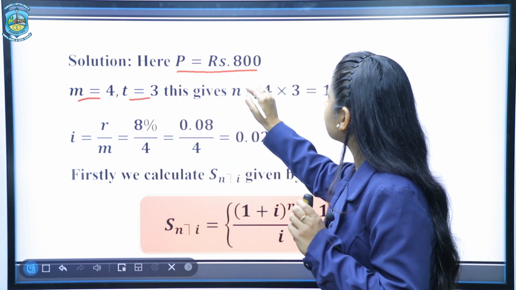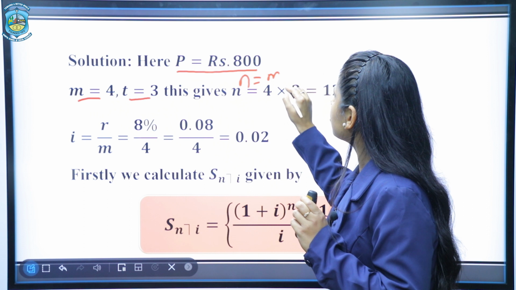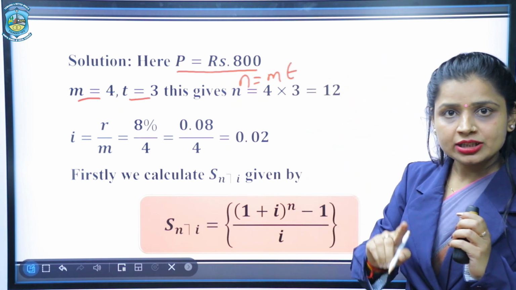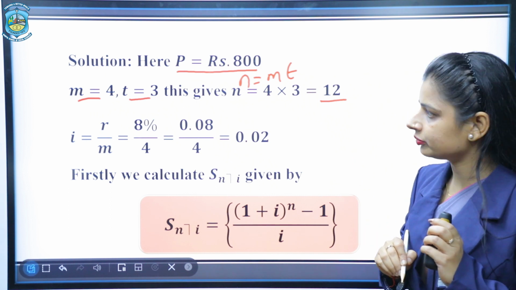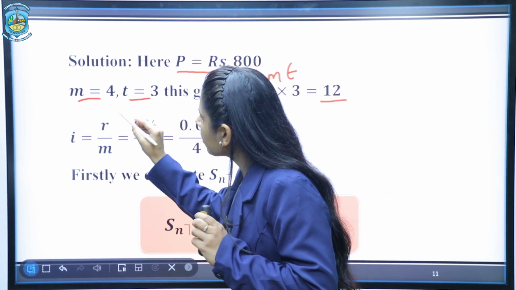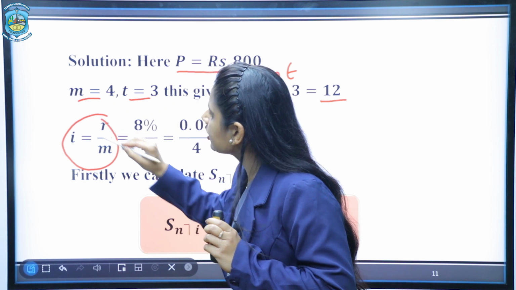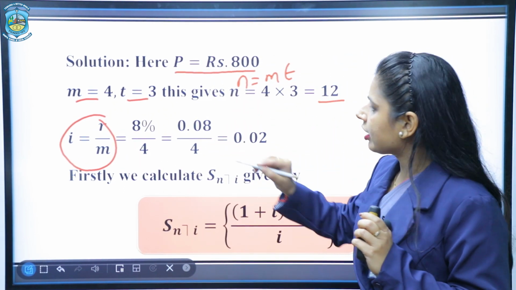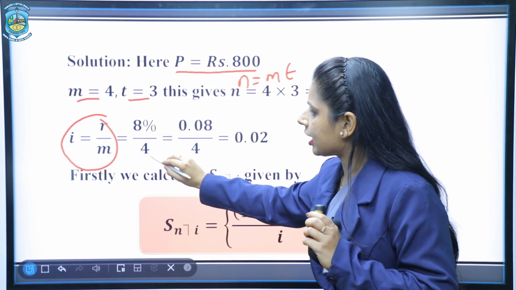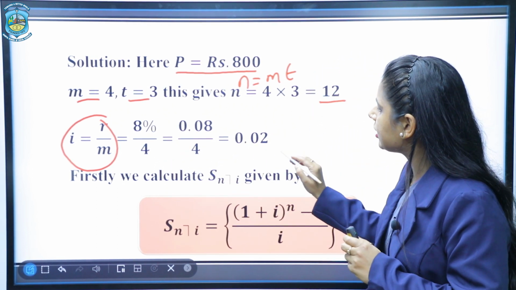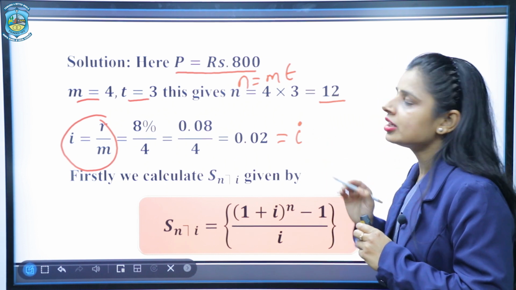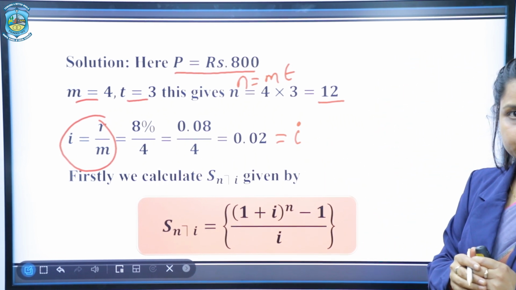Now we can use the formula n equals m t, and by that formula we find the value of n is 12. Now we may calculate i by using the formula r by m. r is 8%, m is 4. We substitute these values and get the value of i as 0.02.